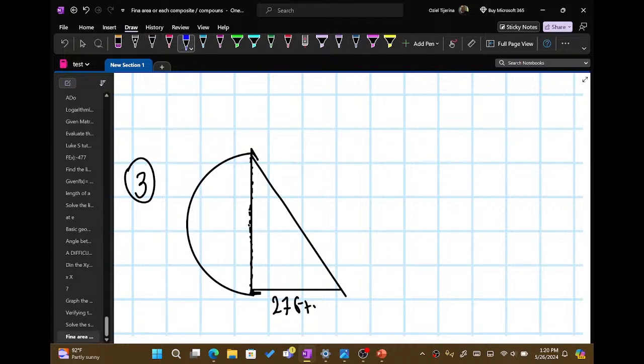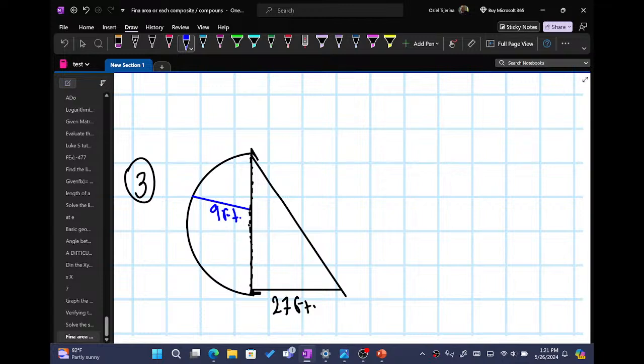Now this is what I'm wondering. They're saying that this part is 9 feet.